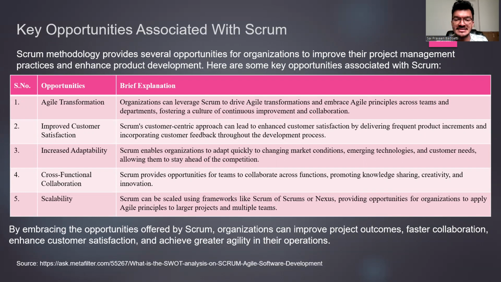It helps organizations stay competitive by adapting to changes in market and customer needs. Scrum encourages collaboration, creativity, and innovation among team members, and it can be expanded to larger projects and multiple teams, using scaling frameworks like Scrum of Scrums or Nexus.